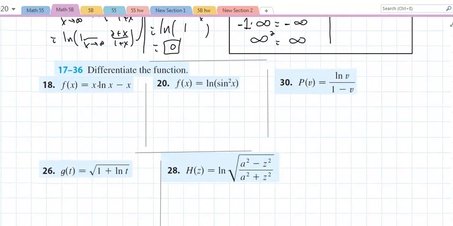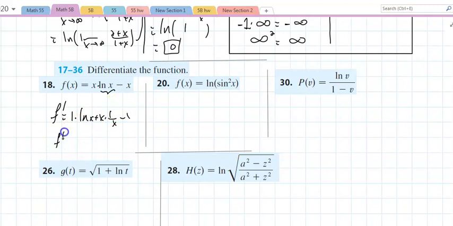The derivative would be product rule. Derivative of the first times the second, plus the first times derivative of natural log of x is 1 over x, minus 1. That would be natural log of x plus 1 minus 1. They cancel out, so I'm left with natural log of x.